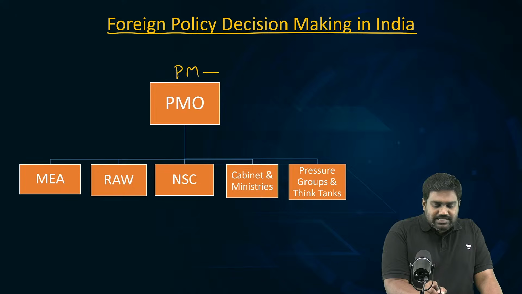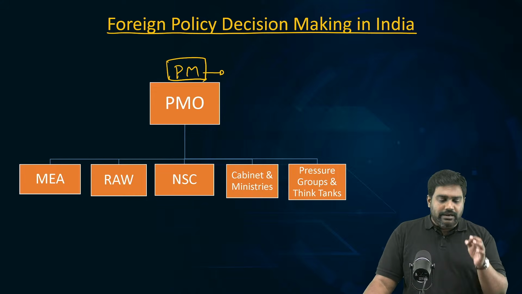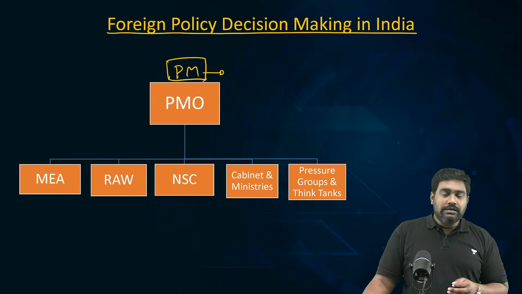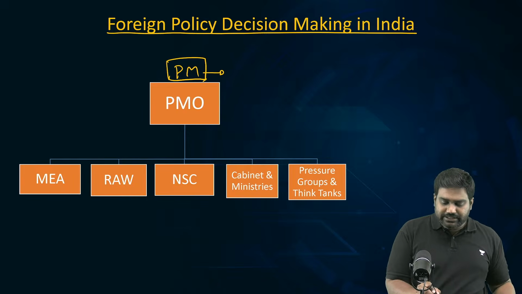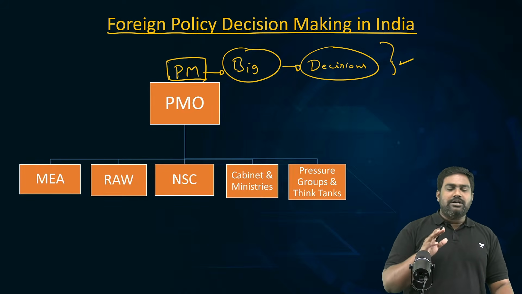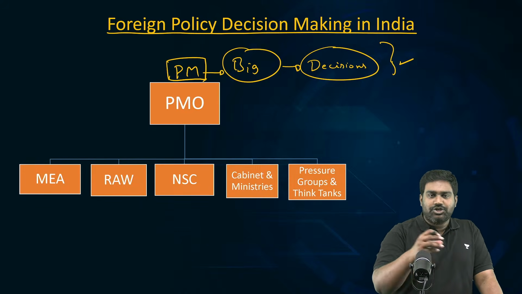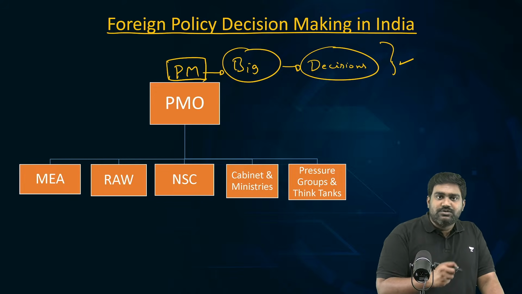It is obviously the Prime Minister. The PM at the top plays a pivotal role in running the foreign policy of the nation, especially when it comes to strategic decisions, the big decisions. They are taken at the level of the Prime Minister on the most important pressing issues, on India's alignment with the US, Russia, China, India's policy towards Pakistan.